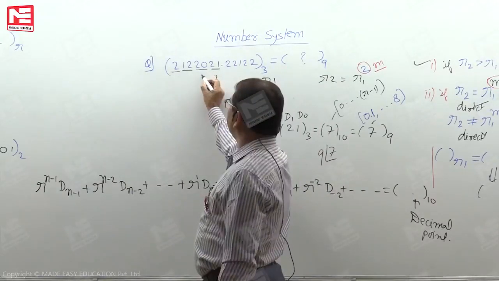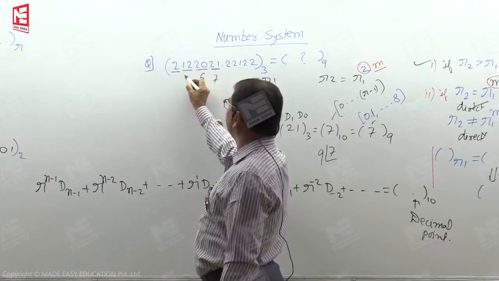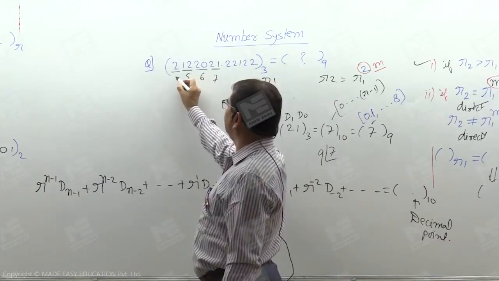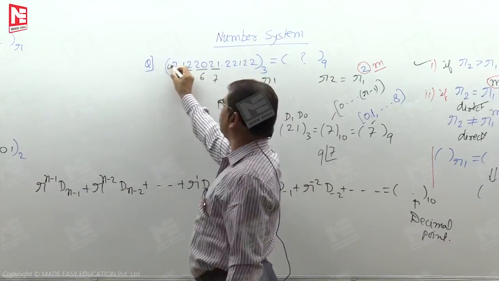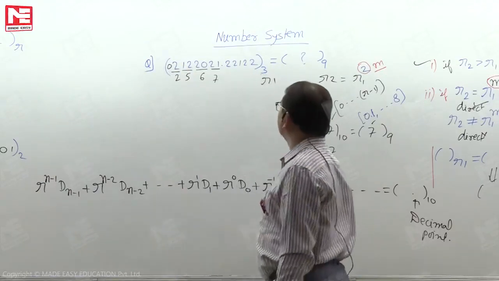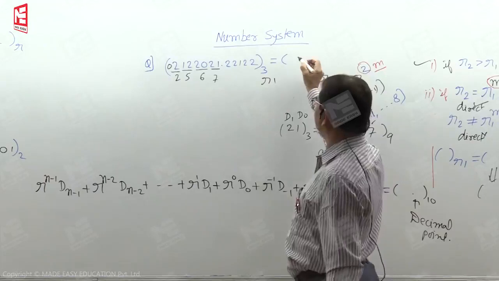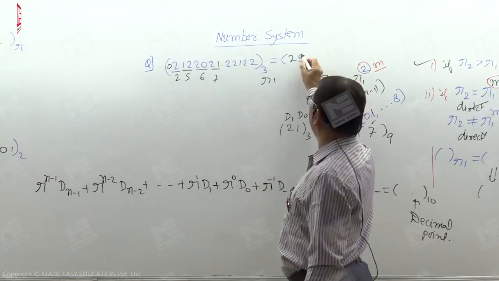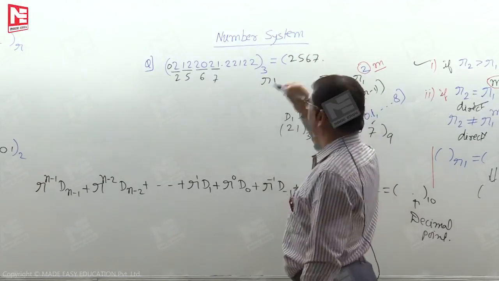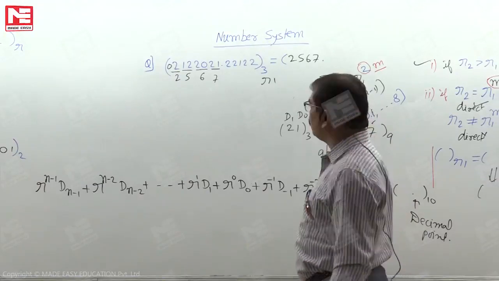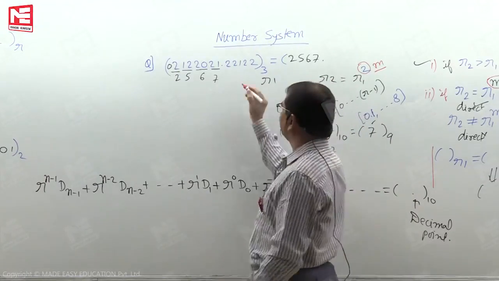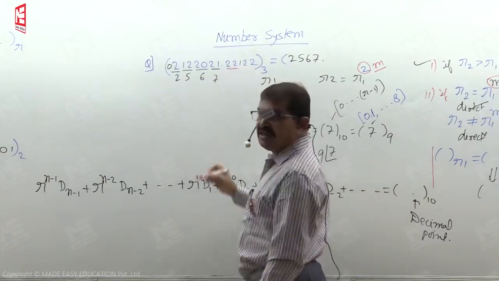So if you look here, this will be 6, this will be 5, this will be 2. You can prefix 0. So 2, 5, 6, 7. Integer part, 2, 5, 6, 7. Coming to the fractional part. The fractional part is grouped immediately after the radix point.